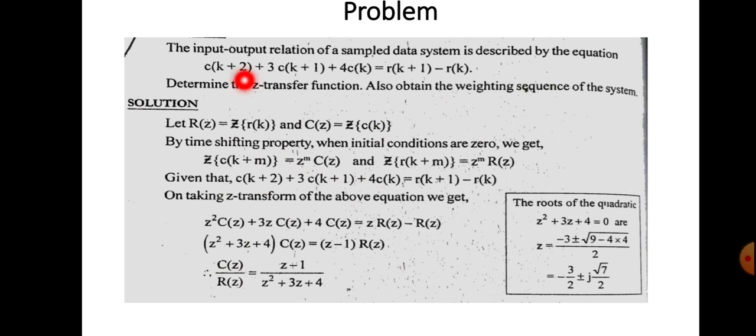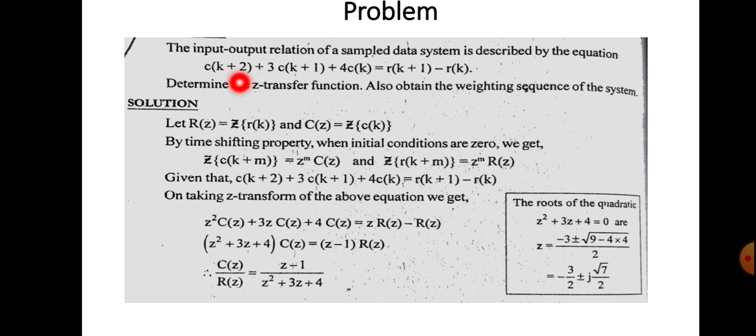First of all, let us take this equation. Here you can see that in every term there is a shift in k. Here it is c of k plus 2. So first of all we want to find C of z by R of z. So we have to take the z transform of this equation, right? Here c of k is the output and r of k is the input.